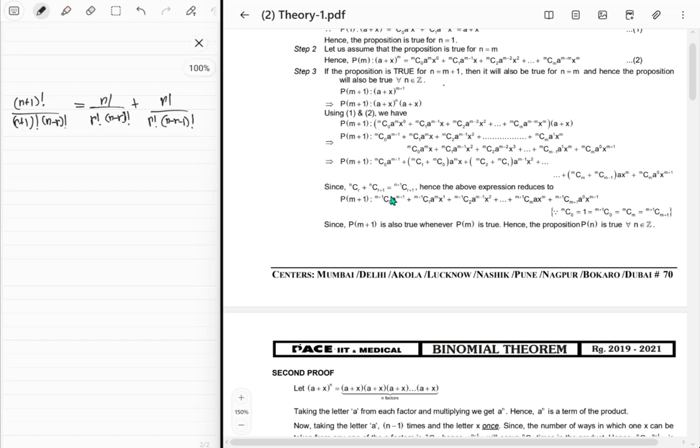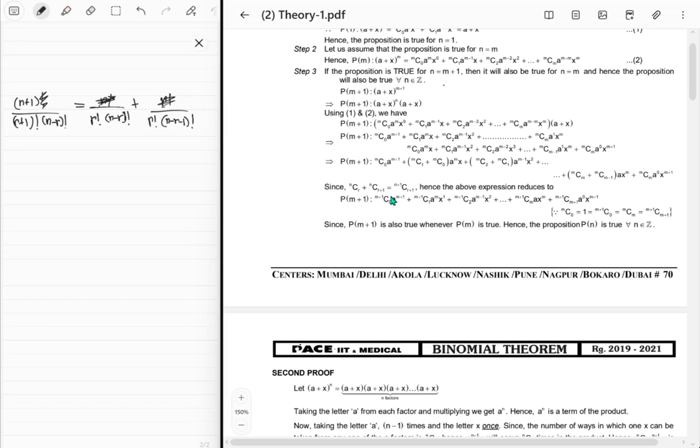Is this thing true? First of all, n plus 1 factorial is just n plus 1 times n factorial, which is obvious, so you can get rid of this altogether. Next, n minus r factorial is just n minus r times n minus r minus 1 factorial.